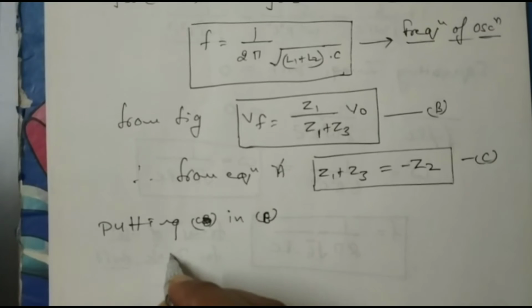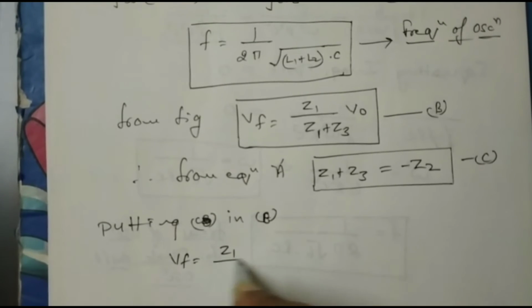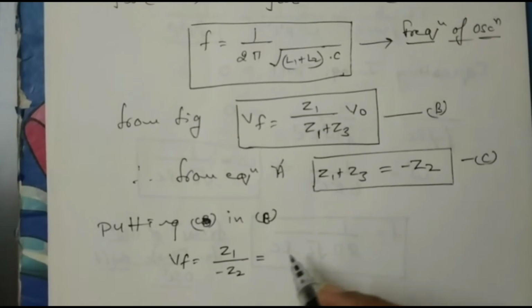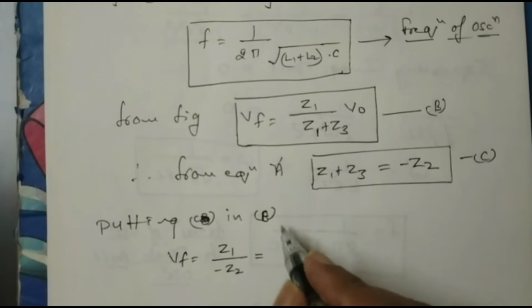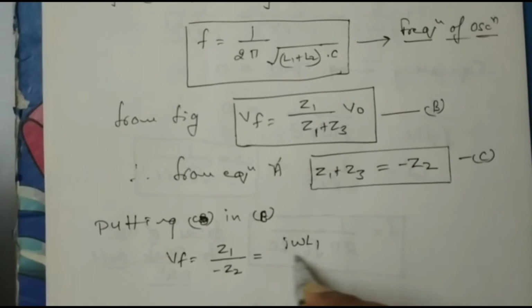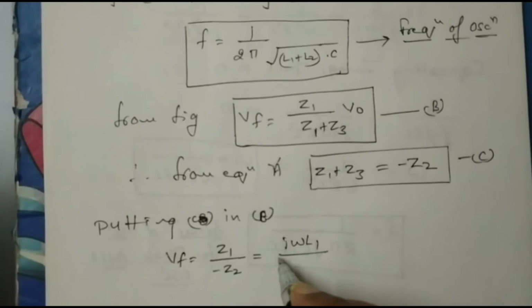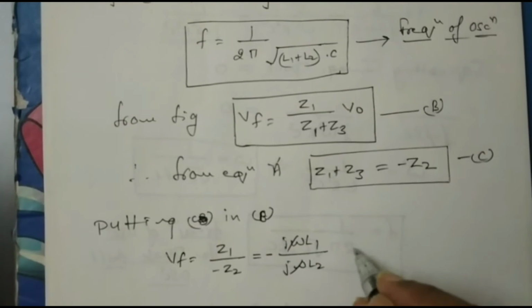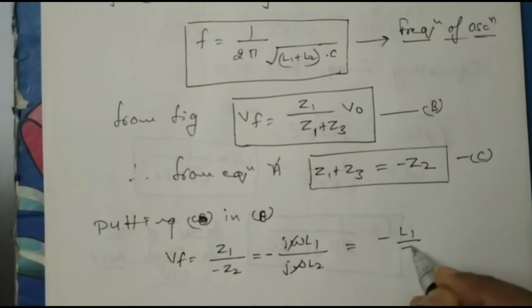It will be Vf equals Z1 upon minus of Z2. Z1 equals j omega L1 and Z2 equals j omega L2, so j omega cancels out, which implies minus of L1 upon L2.